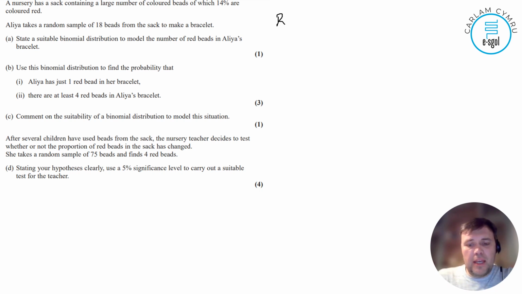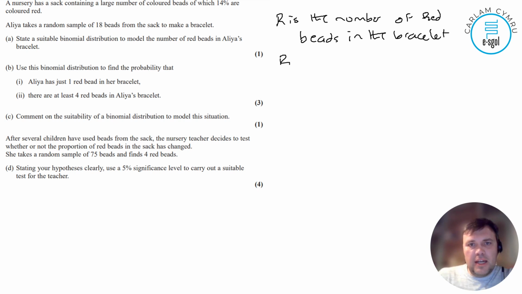R is the number of red beads in the bracelet. We're also going to state R is a binomial, B(18, 0.14). It's just taken from the question.